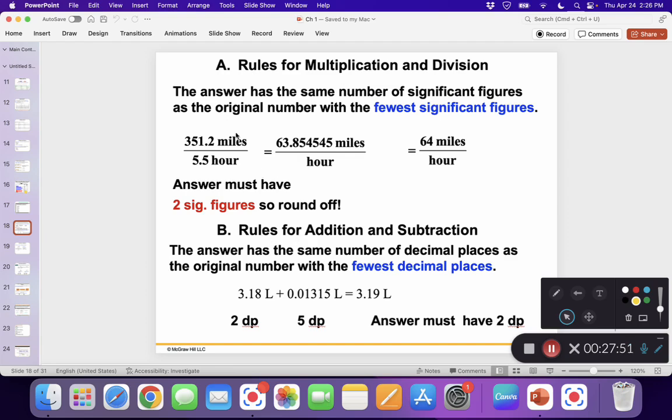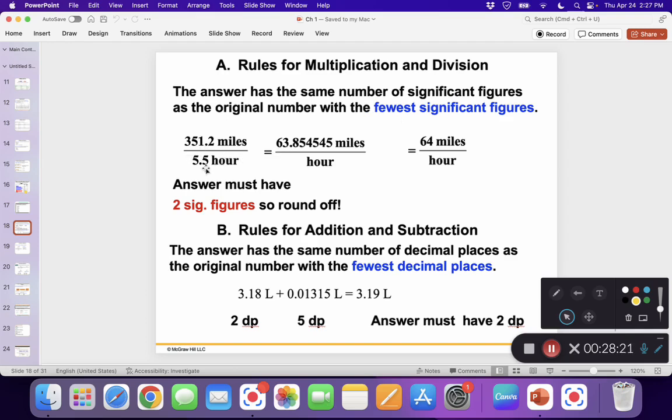The rule says whenever we are doing multiplication or division, the answer should have the same number of significant figures as the original number with the fewest significant figures. Follow the few.